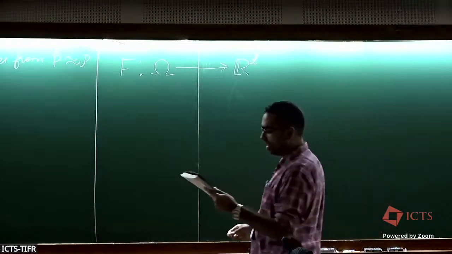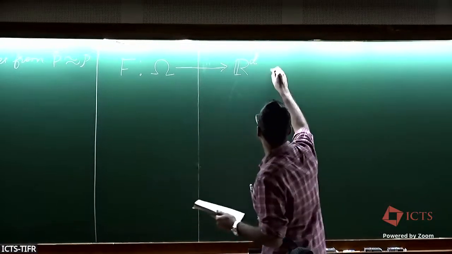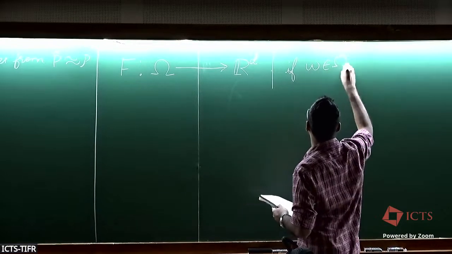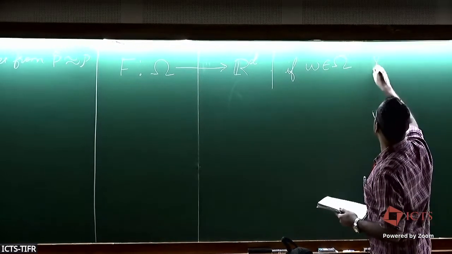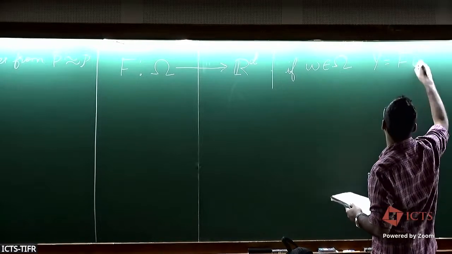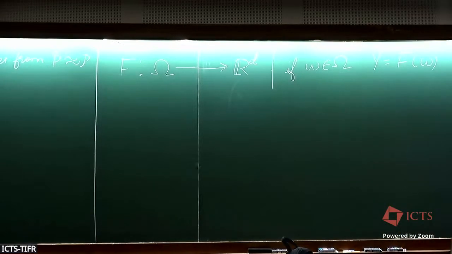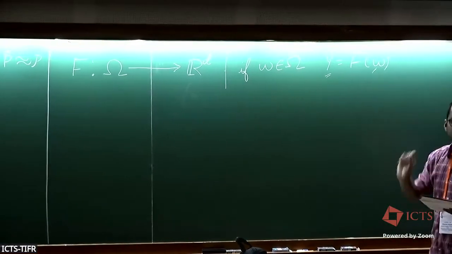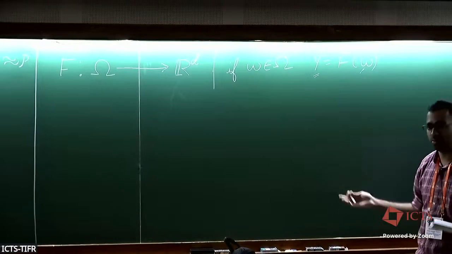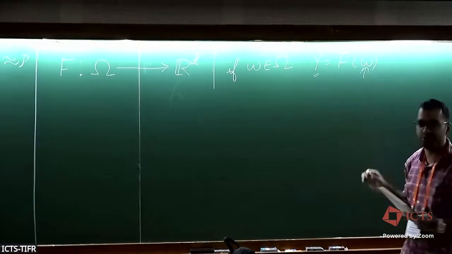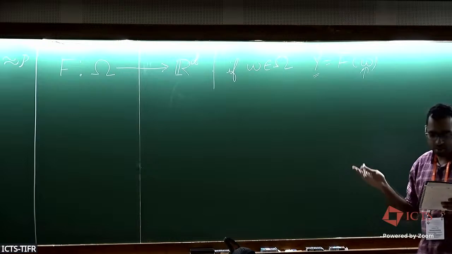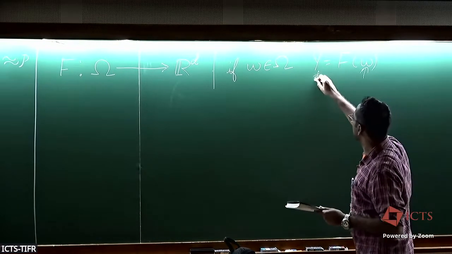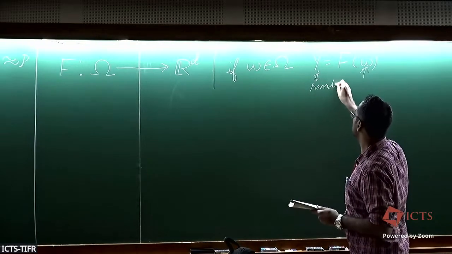So if we have a random element omega that belongs to this measure space, then a random variable is some function f of omega, right? So this y, we observe this y, we don't observe this ground truth omega, and we call this a random variable. Where is the source of randomness? It's this, roughly, when you think about these things. Okay, so this is the random vector in this case.